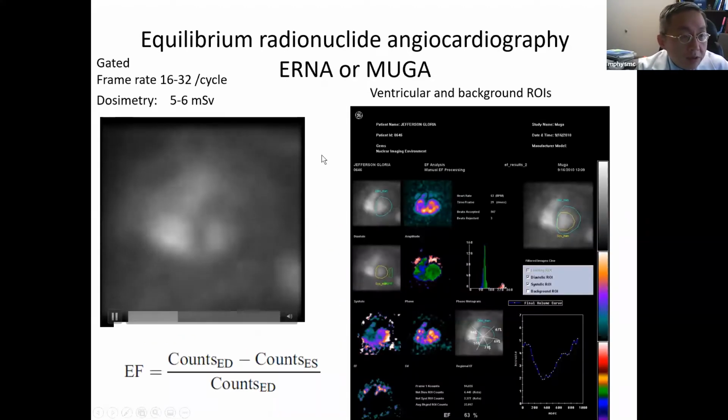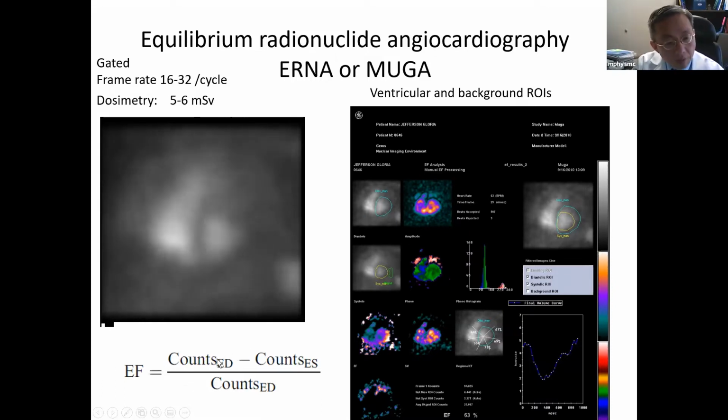Just real quick, this is what we will see with MUGA. You can have 16 to 32 frames per cycle, very reasonable radiation exposure, and just very simple. You count the counts at end-diastole minus end-systole over end-diastole, and that gives you an ejection fraction. So you can see there is no geometric assumption.